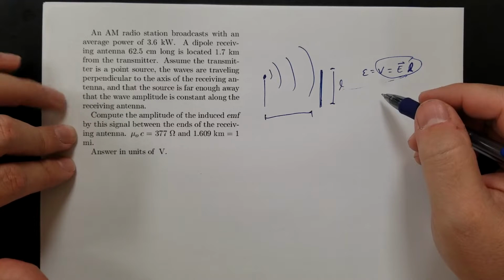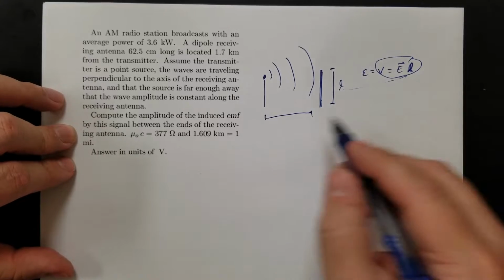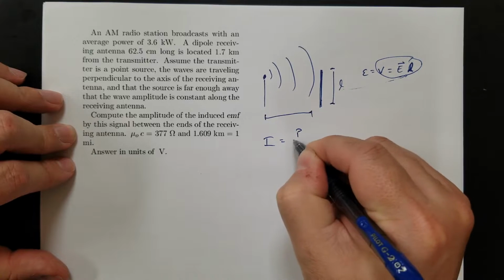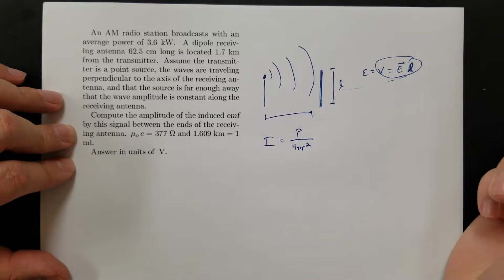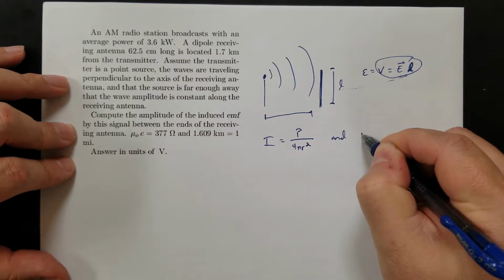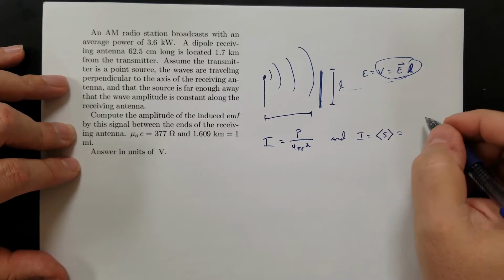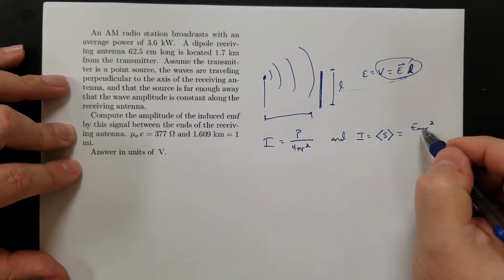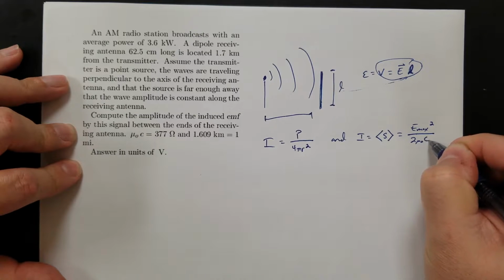Let's relate this to intensity. I've got to get my electric field amplitude. Intensity is power over area, so that's power over 4 pi r squared. I also know that intensity is the average value of the Poynting vector, which is your maximum electric field squared over 2 mu naught times the speed of light.